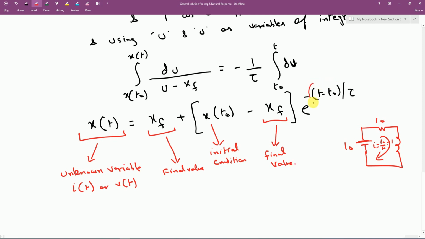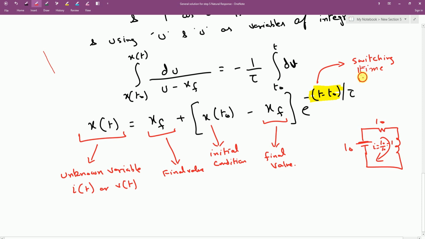This t minus t naught, or this particular part, shows the switching time instant, right? And this tau represents the time constant of this given circuit. So in a nutshell, we have reached the same point that we derived for the first order circuit containing the inductance and the first order circuit containing the capacitor.